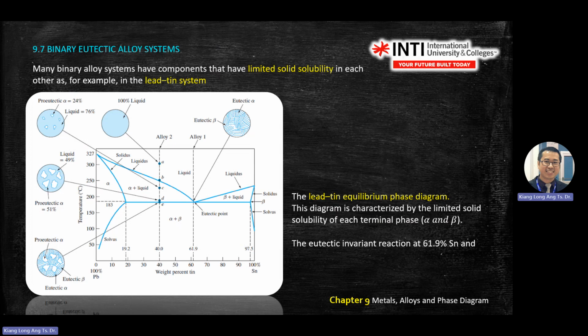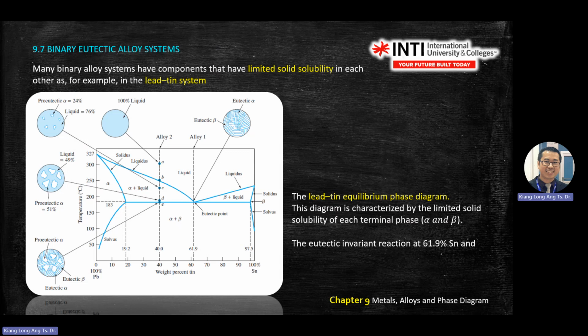How do you know that is a eutectic? On the graph, when you see two different solids, then there's a straight line connecting the alpha and the beta. You draw a line. This is a eutectic line.